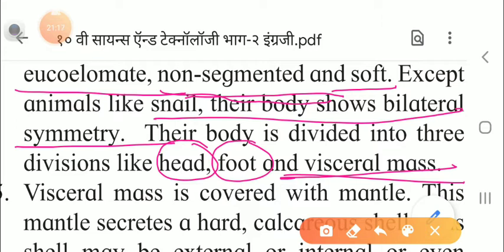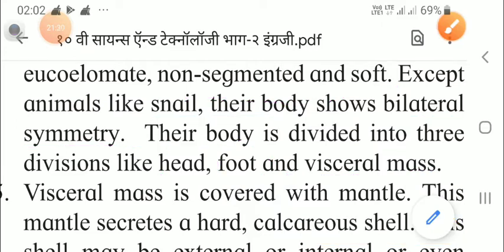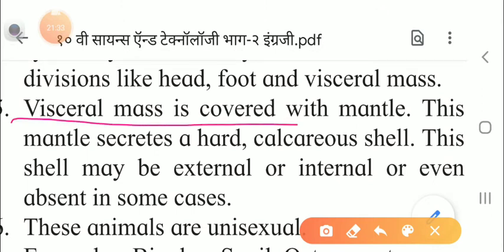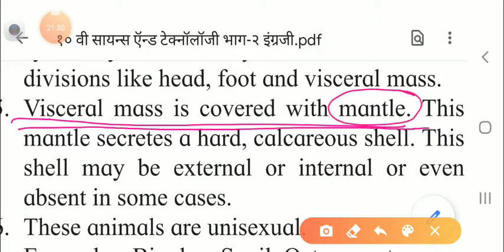Now, this visceral mass is covered with a mantle. Mantle is a hard outer covering that is made up of calcareous substance. So this is a very important point, children, that the visceral mass is covered with the mantle, that is the hard covering or shell.